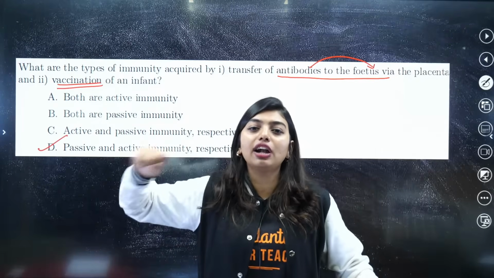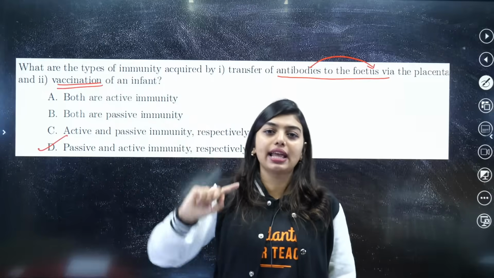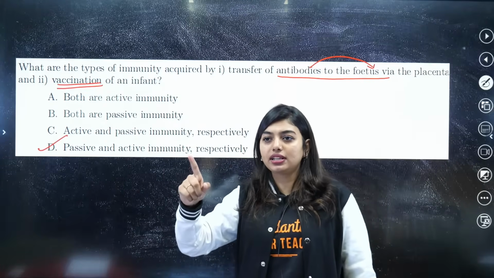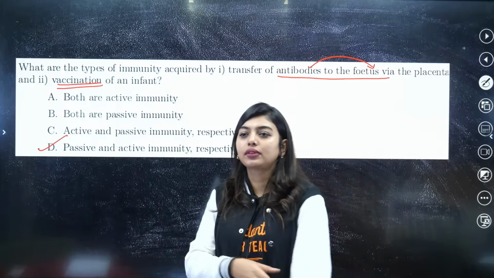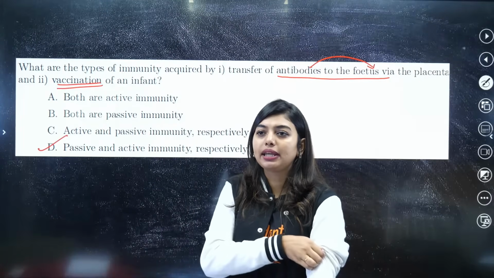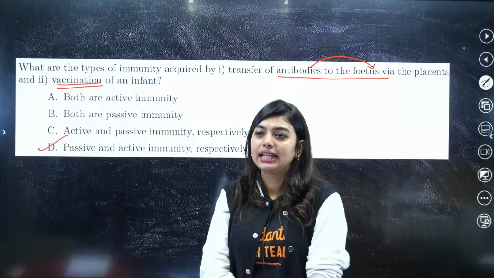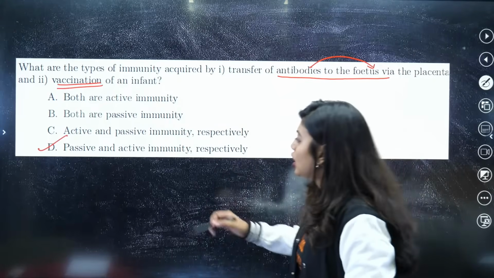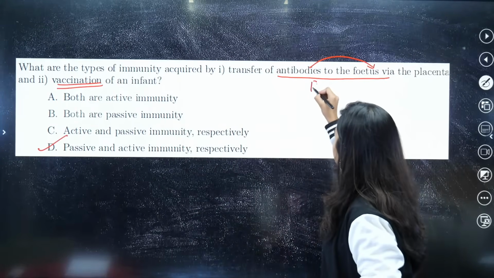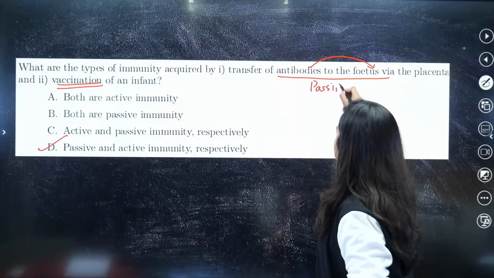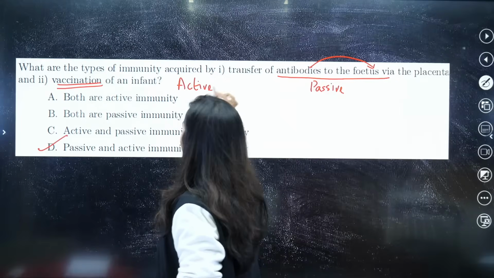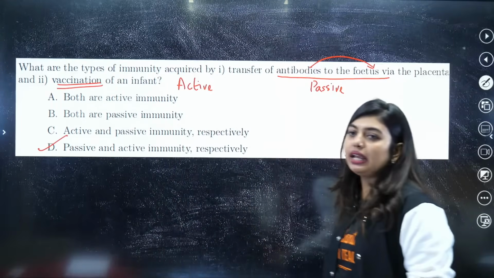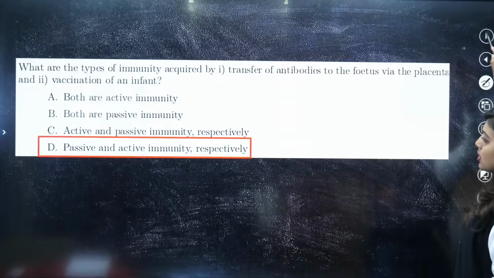My body will start forming antibodies against it. Always remember this. So what will be the answer? Try to tell me. Yes, very good. D is the answer. When I am giving ready-made, it's passive. When I am giving a weakened antigen and asking my body to make antibody, it's going to be active. Awesome. So the answer is D.